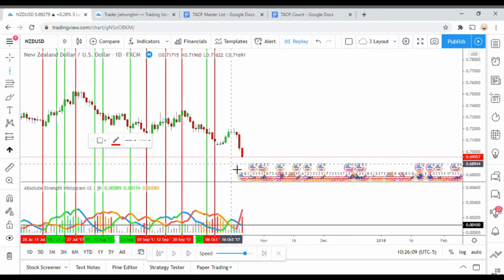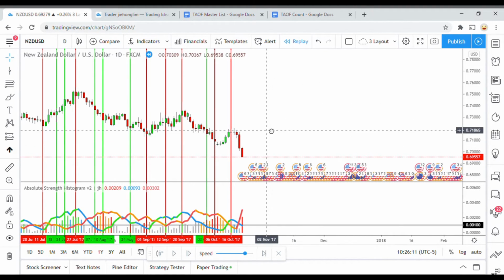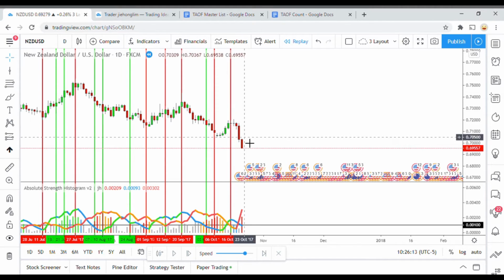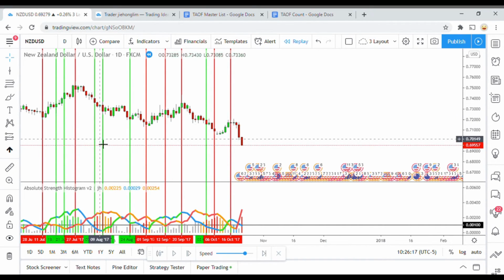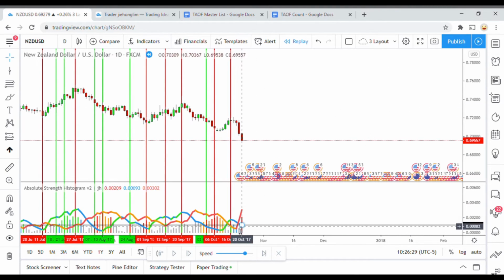But we're going to go ahead and mark it because it did go red. We would have been saved. Another losing trade saved. I don't think we have missed one winning trade. We have only canceled out losing trades at this point using our histogram line here.